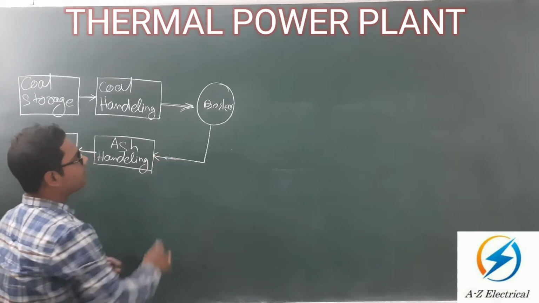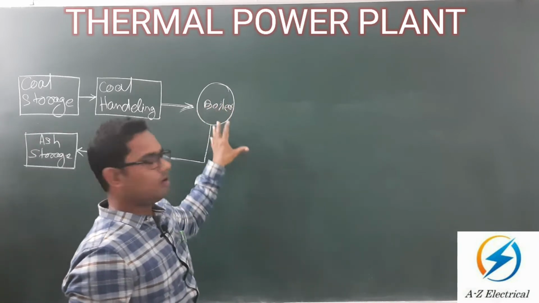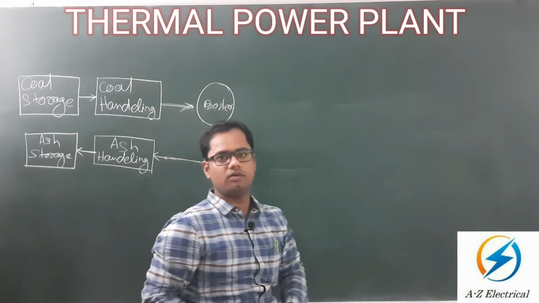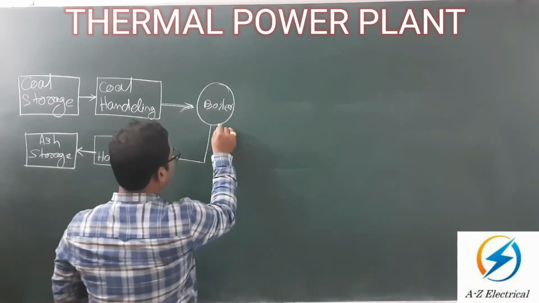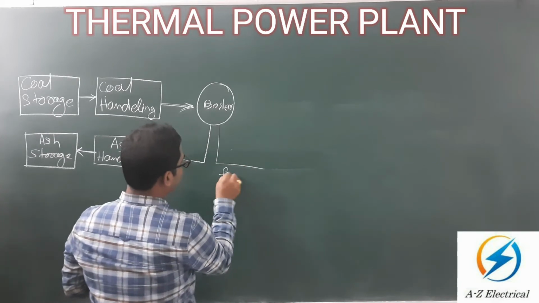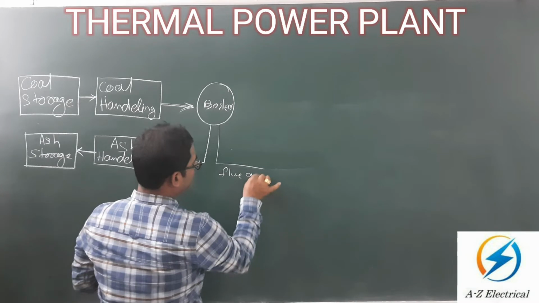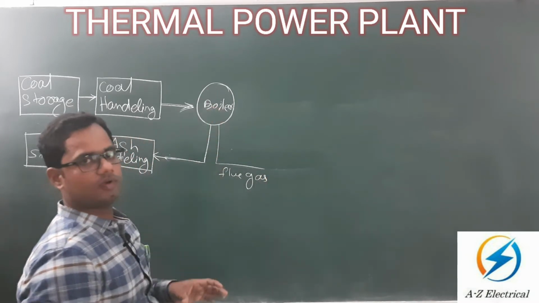Okay. Then after burning of the coal inside the boiler, one hot gas will form. That gas is called flue gas, and that flue gas will travel to different parts of your boiler.